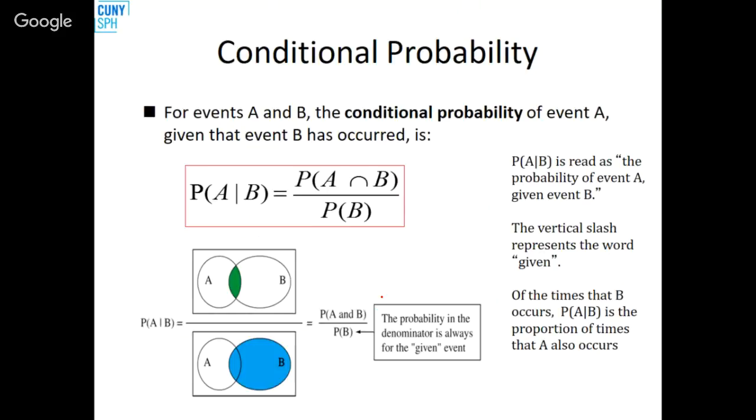Now on to this conditional probability and what this looks like visualized in Venn diagrams. So for these two events, A and B, the probability of A conditional on B is the probability of A and B divided by the probability of B. So for sure, the probability of A conditional on B means that both of them have happened.